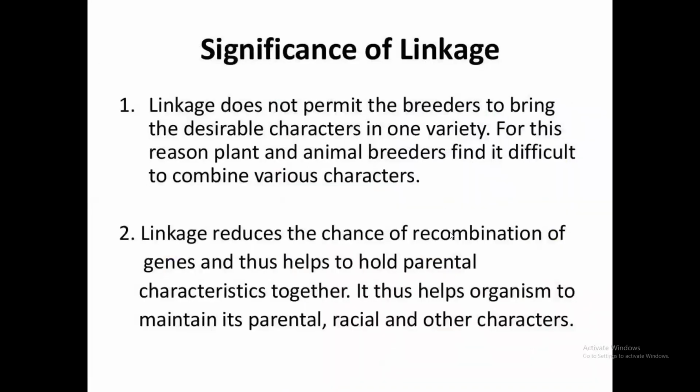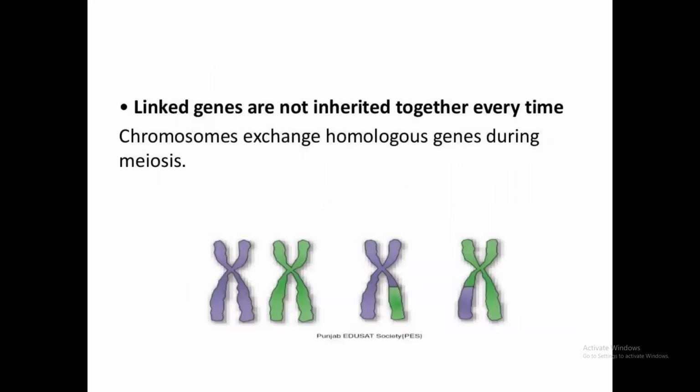So what does linkage show? Linkage will change the ratio. It is not the same as the ratio given by Mendel. So by linkage, the parental combinations, as we have just seen, will show a higher number.